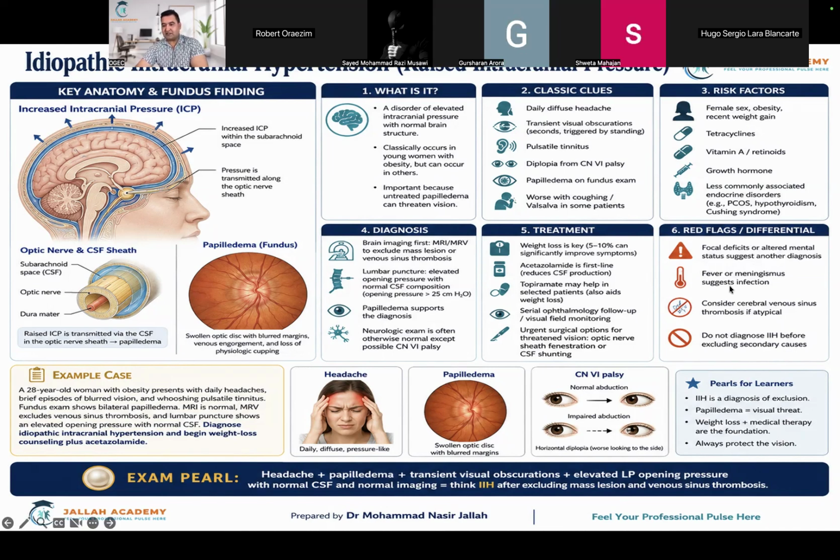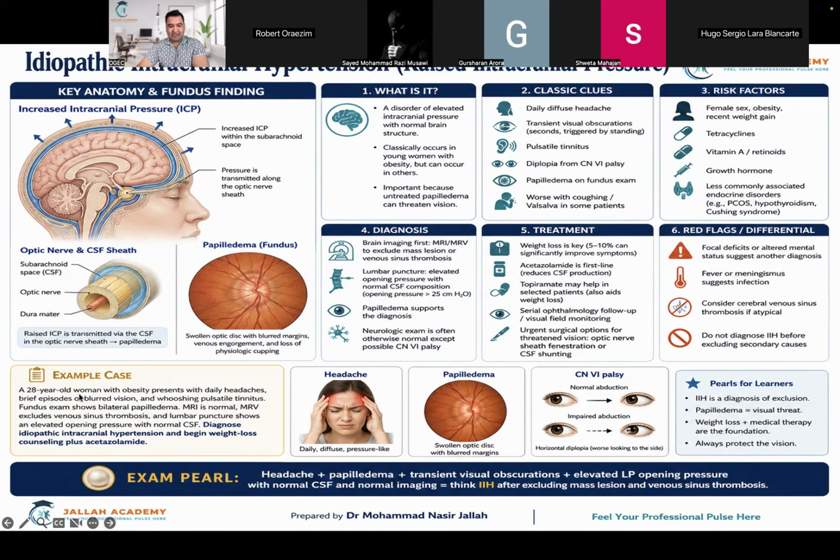Fever, meningitis suggests infection. Consider cerebral venous sinus thrombosis. If atypical finding, do not diagnose IIH or idiopathic intracranial hypertension before excluding secondary cause. So you have to rule out the dangerous or secondary reason for the headache, then you can call it idiopathic intracranial hypertension.